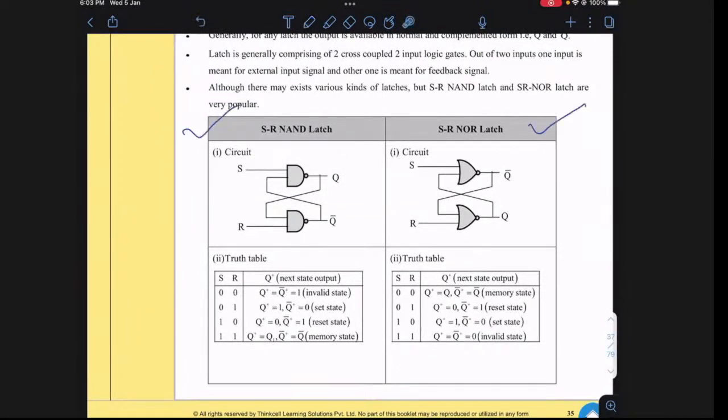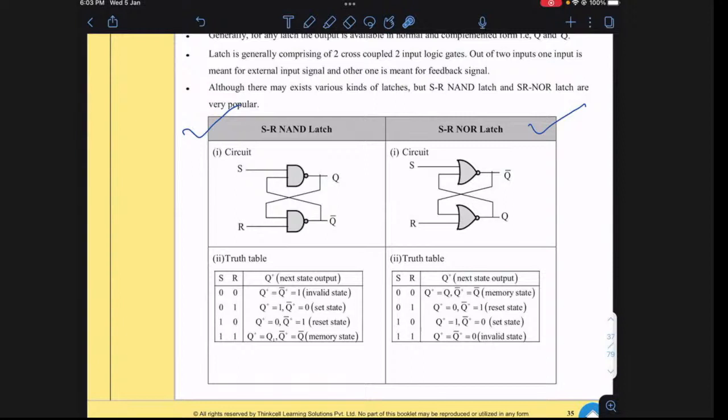Do remember, these are 2 circuits where this is Q and this is Q bar, this is Q bar and this is Q. But this Q, Q bar pattern may not be uniform in all questions. So it is wise to understand the properties.